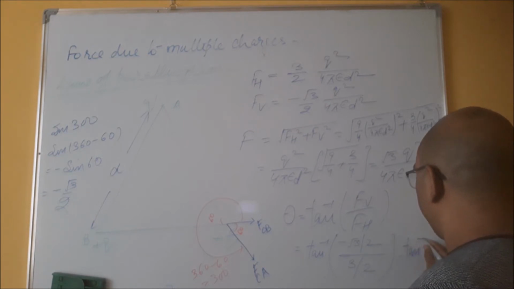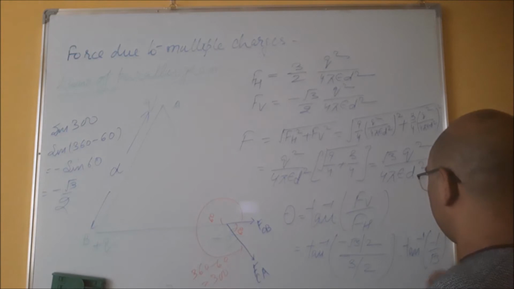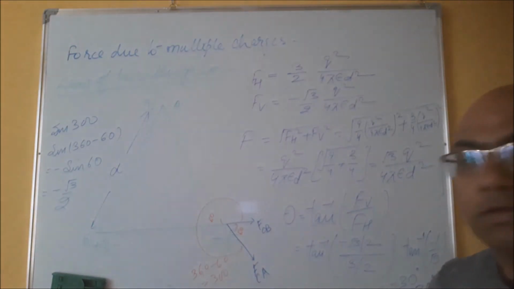Tan inverse minus 1 upon root 3, and this is minus 30 degree or 330 degree, right?